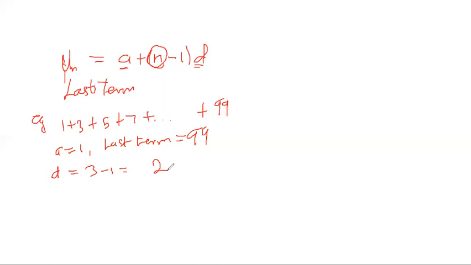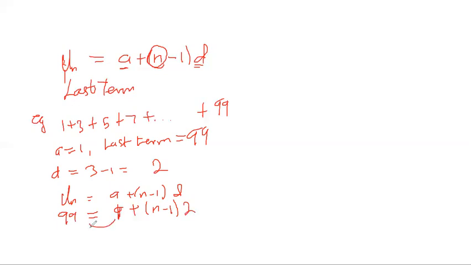When I do the substitution, the last term is equal to A plus n minus 1 times D. So this will be 99 is equal to 1 plus n, which we are finding, minus 1 times D, which is 2.